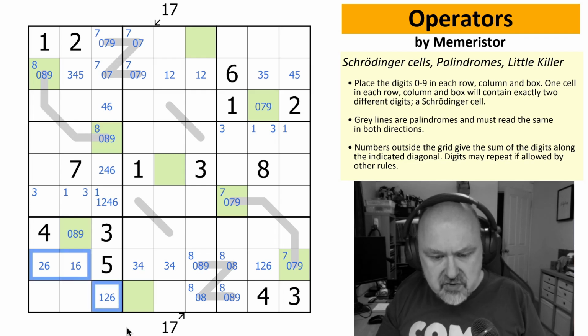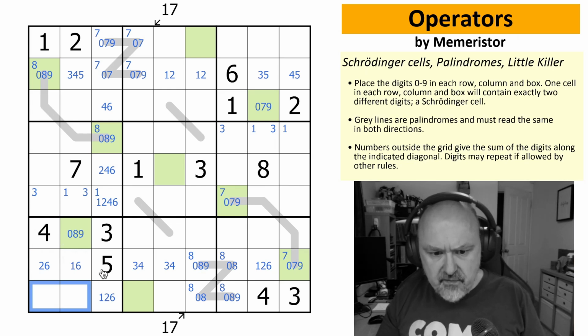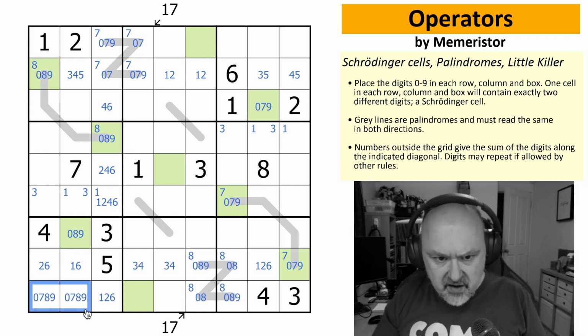This is a 1, 2, 6 triple? So this is 1, 2, 3, 4, 5, 6, 0, 7, 8, 9. But I can't put an 8 in it.